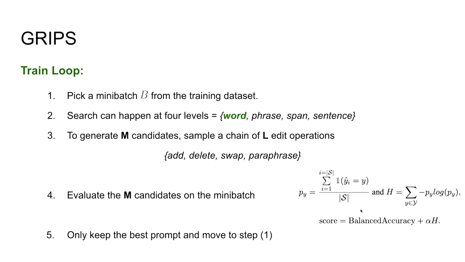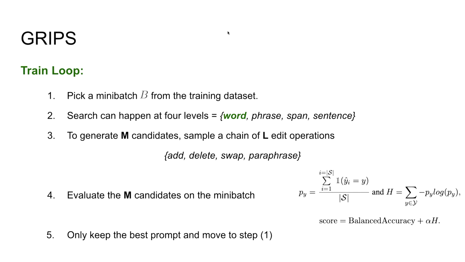So, for example, we're interested in accuracy for this classification task, sentence classification. So we basically compute the accuracy or even some alternatives by including the entropy of the predictions. And basically, we again store the best prompt and we move to the next loop of the algorithm.